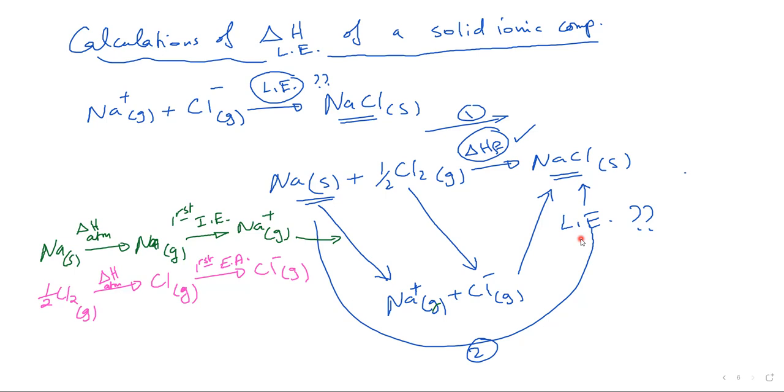So let us apply it on lithium chloride, for example, or lithium fluoride. If I want to prepare lithium fluoride and calculate its lattice energy, what are we going to do?